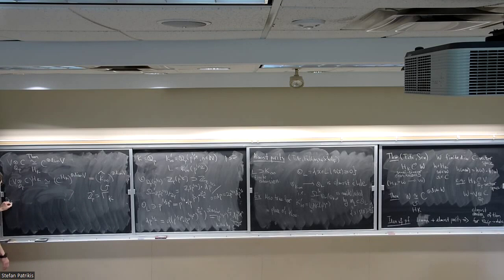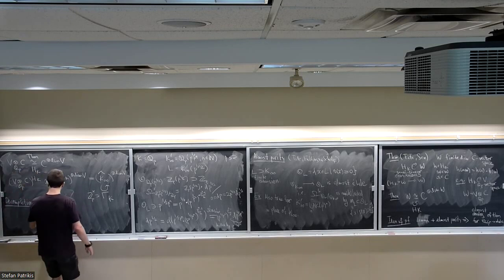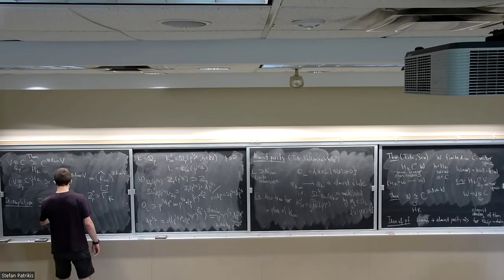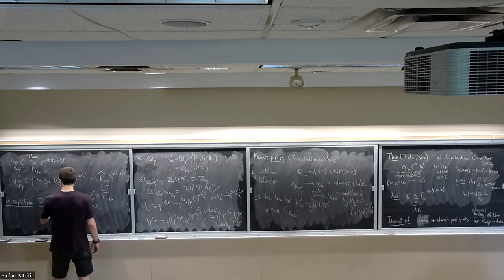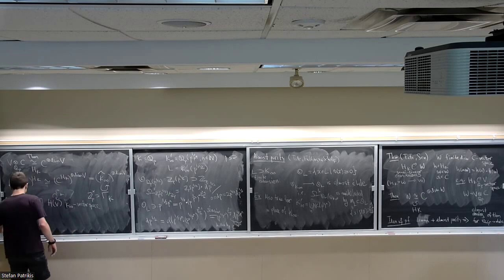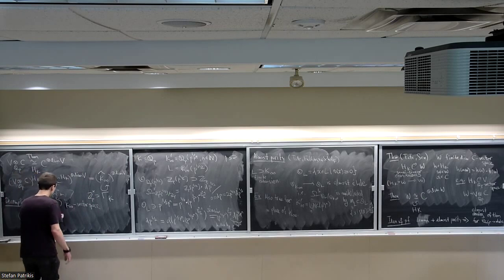There is a decompletion of this module. There exists a natural module which I'll call H of V, which is a K infinity vector space, again with a semi-linear action of gamma K, such that this module is just the result of completing it back.